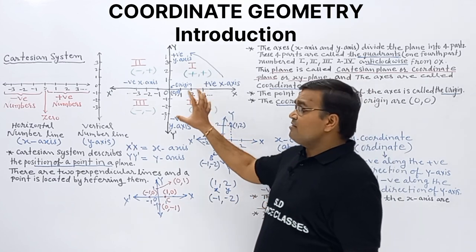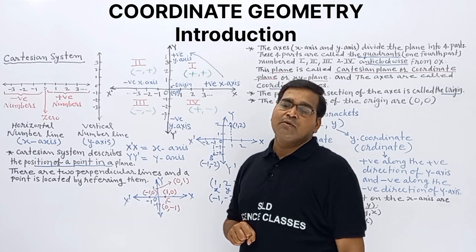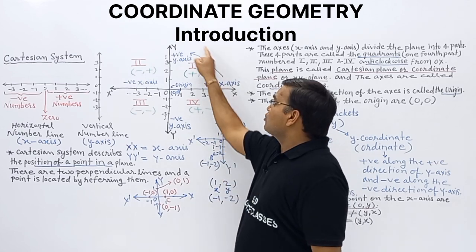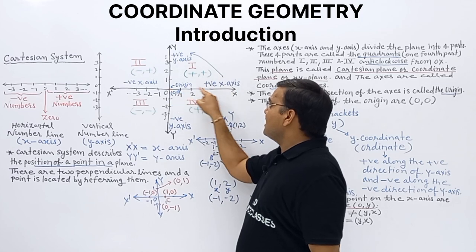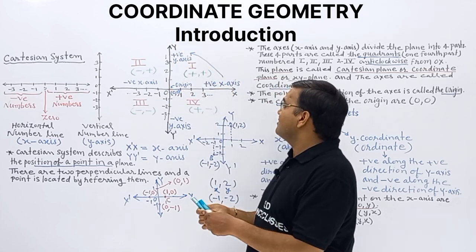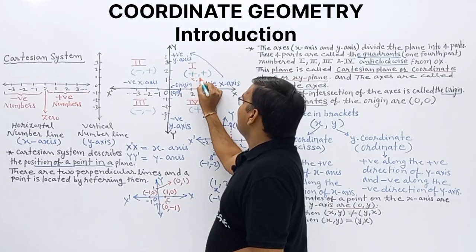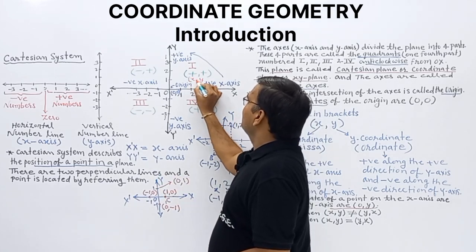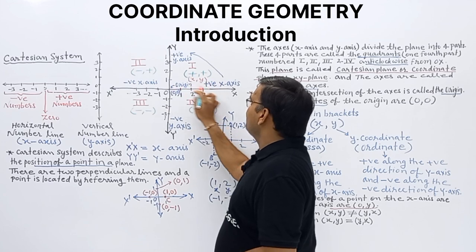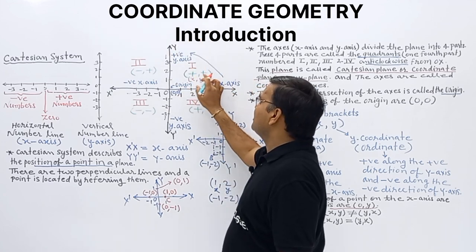So how are the signs of coordinates in a quadrant? In the first quadrant we have the x-axis and the y-axis. In the coordinates we will write first x, then y. So what is x? X is positive. Y is positive. So in the first quadrant we have plus, plus.